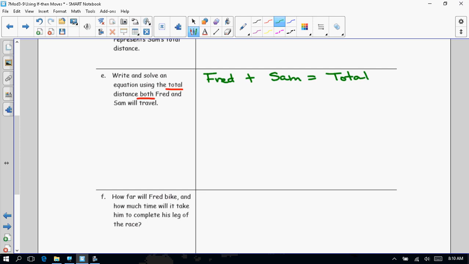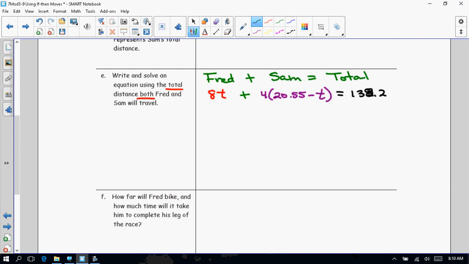What do we know about Fred's distance? Fred's distance is 8t. What do we know about Sam's distance? Sam's distance is 4 times the quantity of 20.55 minus t. And what is the total distance of the entire race? 138.2.